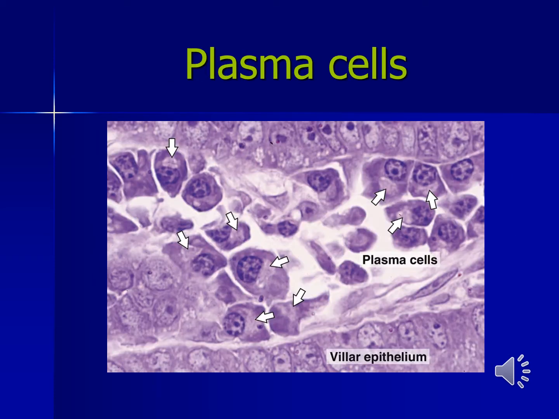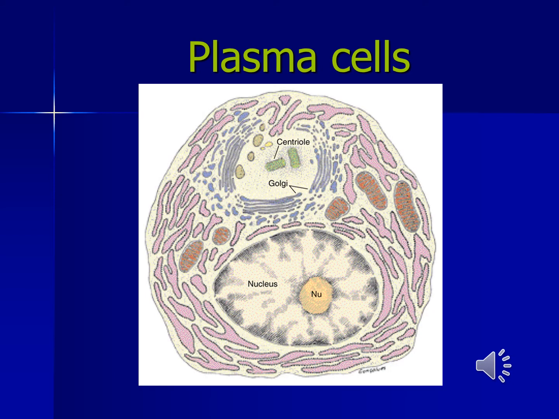On this slide is a photo of plasma cells. You can see the position of the nucleus in the more peripheral part, and the screws show a light area in the central part of the cell, which is the location of the Golgi apparatus. This is the hem of the plasma cell, and the nucleus has a specific picture of heterochromatin.